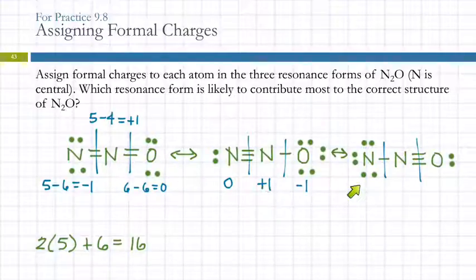What's the formal charge on this nitrogen? It brings 5. It leaves with 7. It's -2. And the nitrogen in the middle? +1. And the oxygen on the end? +1. It brought 6, and it's leaving with 5.